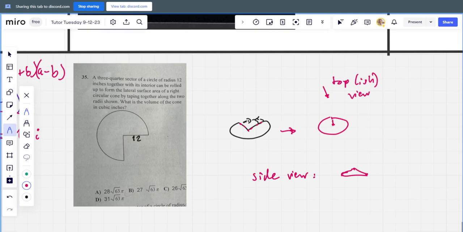Which means that this part in green will become the new circumference of your base. And the former radius right here is going to become your slant height of the cone.